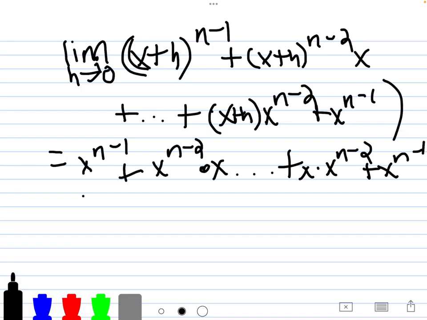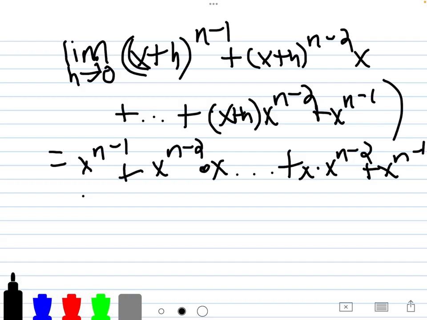And all these middle terms are going to be different variations of, as one term's exponent is decreasing, the other term's exponent is increasing. So these middle terms are going to be x to the power of n minus 3 times x squared, x to the power of n minus 4 times x cubed, so on and so forth.